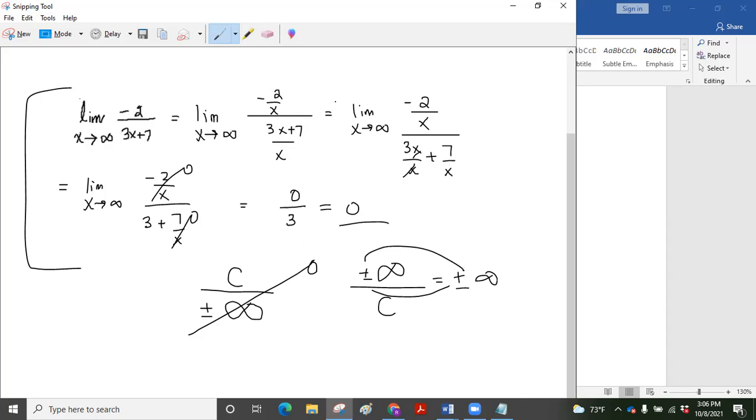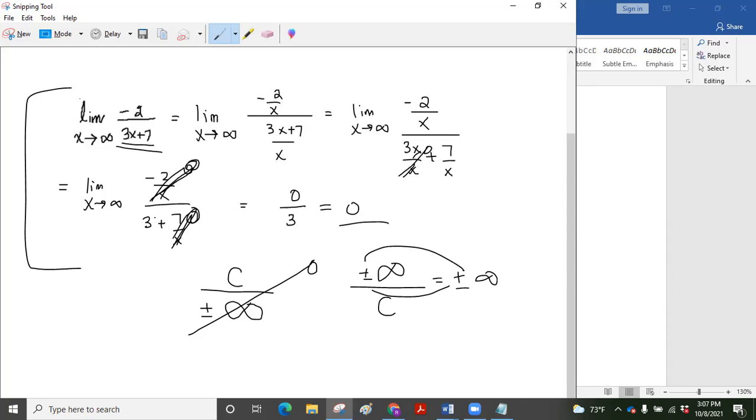So we divided by the x. If it was x to the third, we would divide by x to the third, because that's the variable holding the greatest exponent. But what we did was isolate terms so that we could see individually what's happening. And so we said this goes to 0, this goes to 0, this goes to 0.